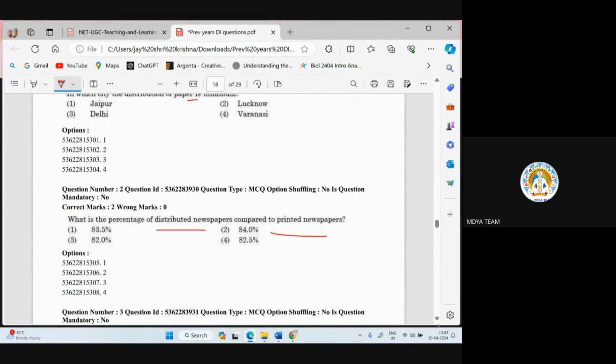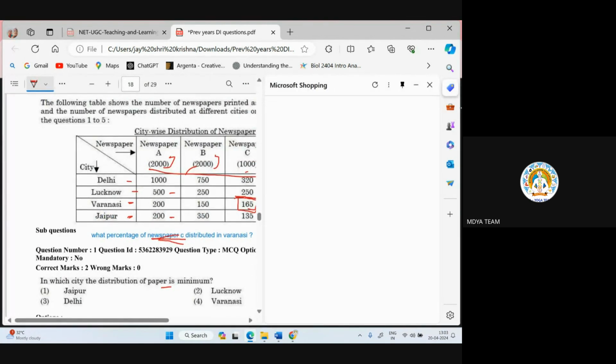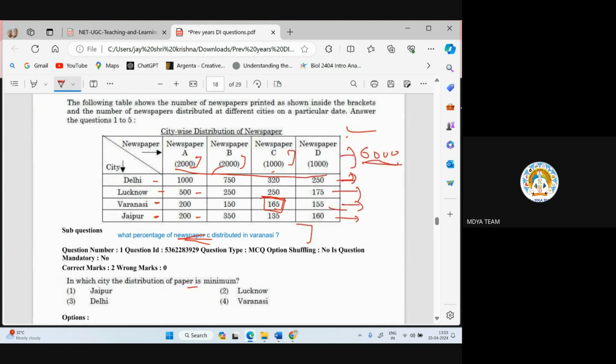There is one more complexity here. What is the percentage of distributed newspaper compared to printed newspaper? The following table shows the number of newspaper printed.